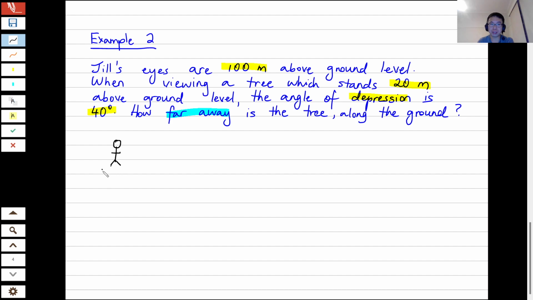So here's Jill, probably on some sort of cliff. And we have a tree. So here's our right-angled triangle.